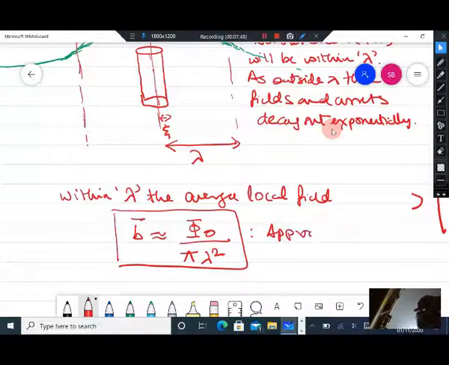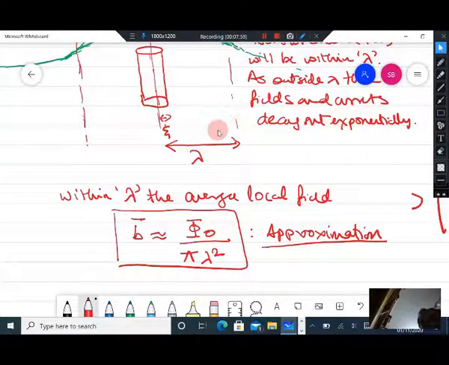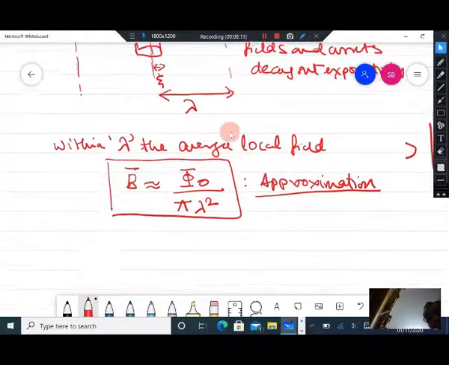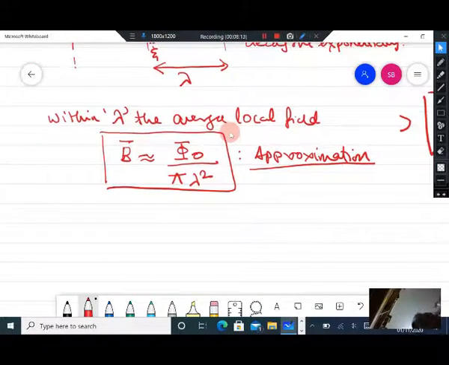This is an approximation that we will use to justify certain aspects in our calculation. So the average local magnetic field present within lambda is roughly phi naught by 2 pi lambda square. We have the exact expressions, but they are not very different from this value.